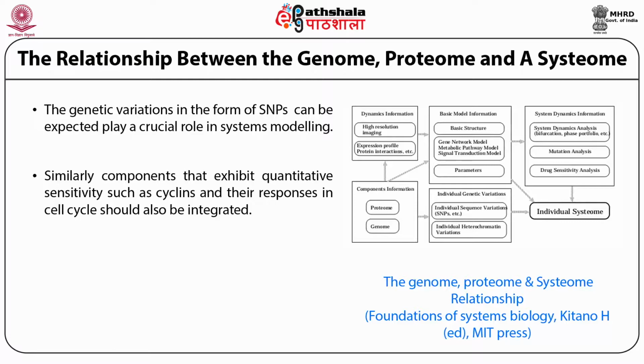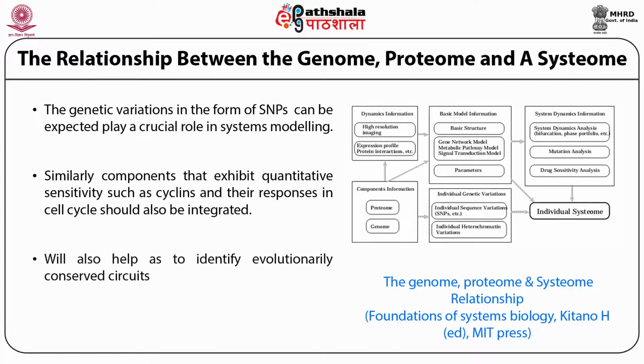And then we have basic model information, the basic structure, the network model, the parameters associated with that. Similarly, there are dynamics information from, for example, the drug sensitivity analysis. All of them should be integrated together and it all forms an individual Systeome.